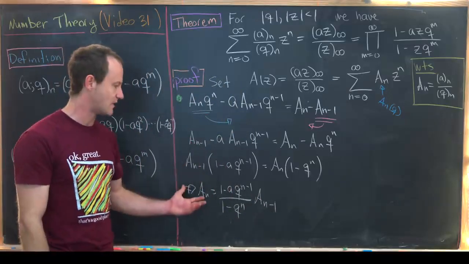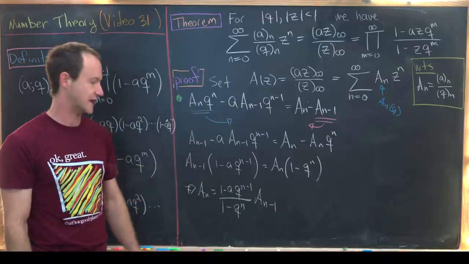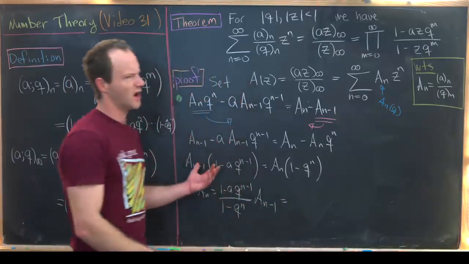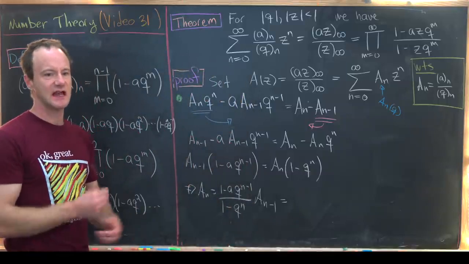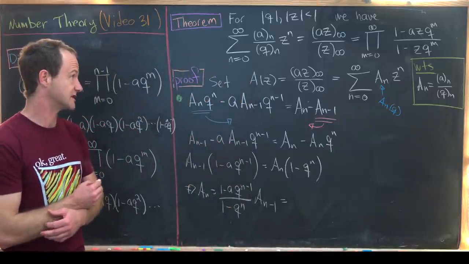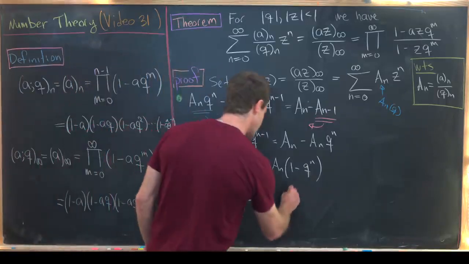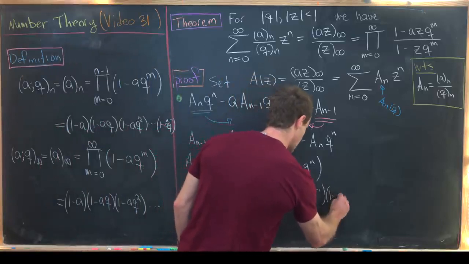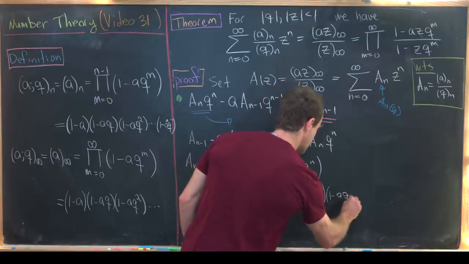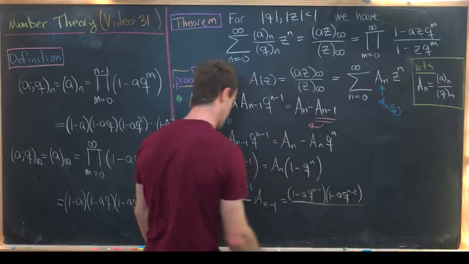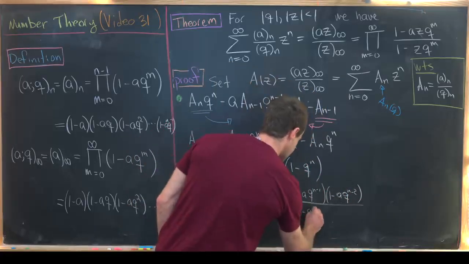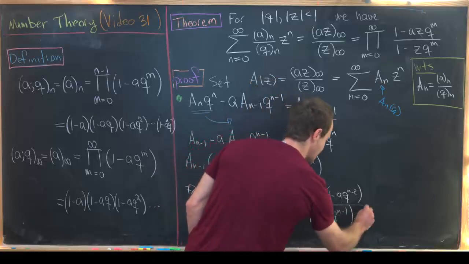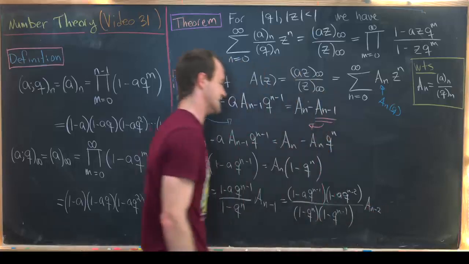But now we can just apply this over and over and over again until we get down to a sub 0. So let's do maybe a couple of steps of that explicitly, and then I think the pattern follows pretty easily. Okay, so after one step, we'll have 1 minus a q to the n minus 1, 1 minus a q to the n minus 2 in the numerator, over 1 minus q to the n, 1 minus q to the n minus 1 in the denominator, and then a sub n minus 2.